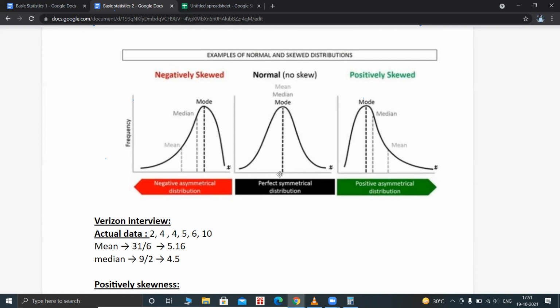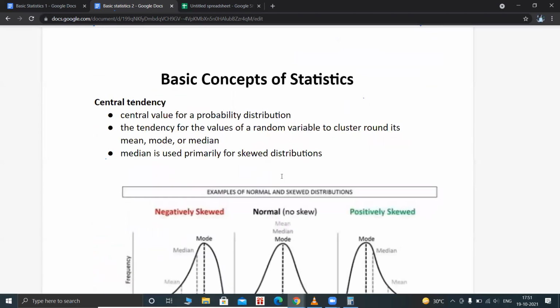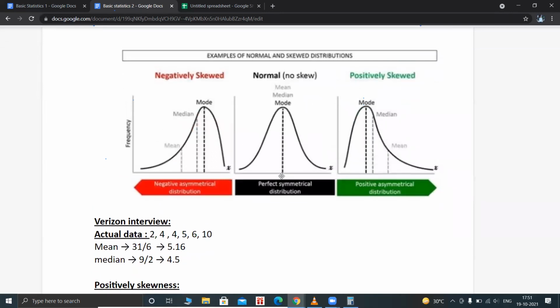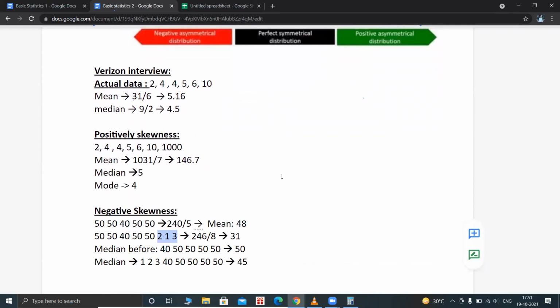At the mean value the number of people was more, right? So that is basically what the different types of distributions in our data sets mean.